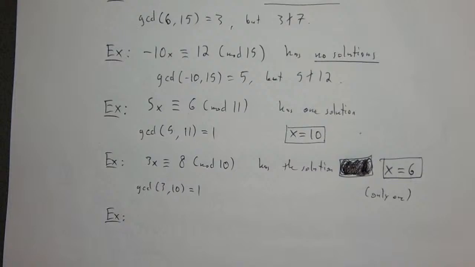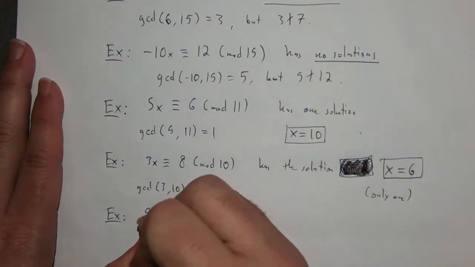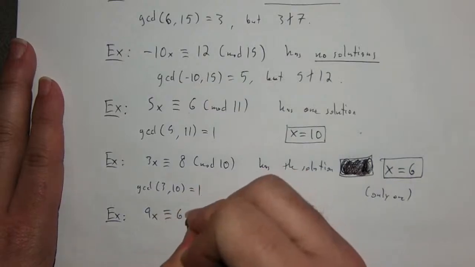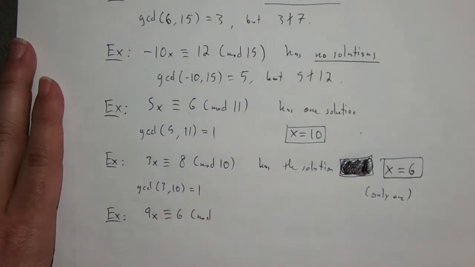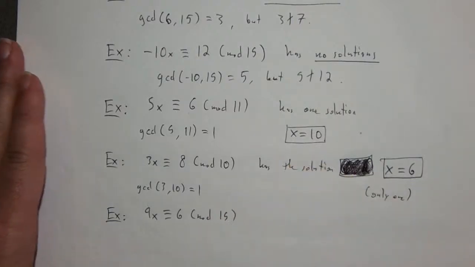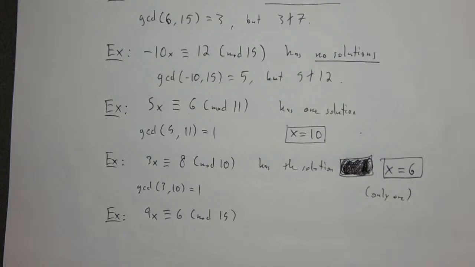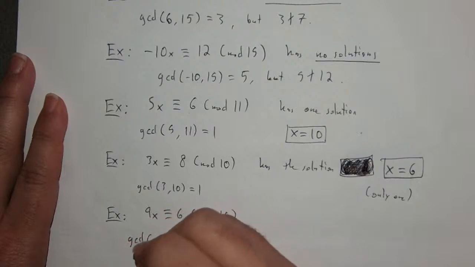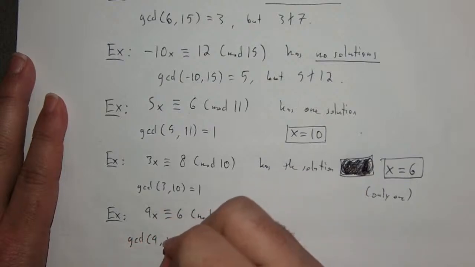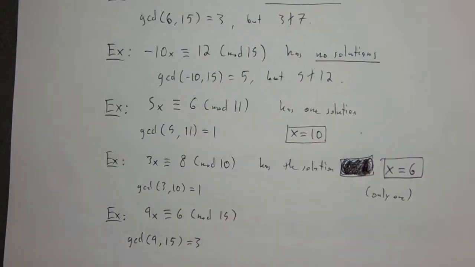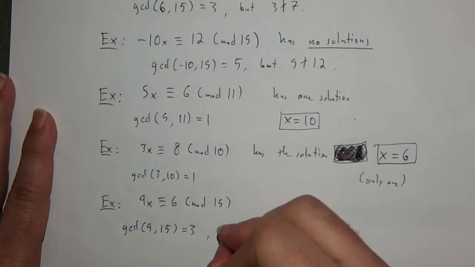So what about the next example? One more so that we get multiple solutions. Let's do 9x is congruent to 6 mod 15. Okay. So the GCD of 9 and 15 is 3. And of course, 3 divides 6.